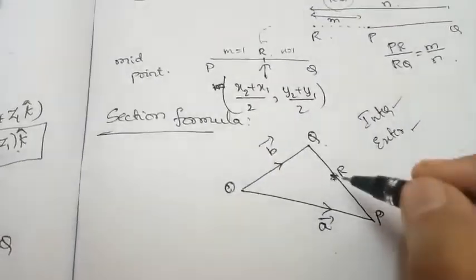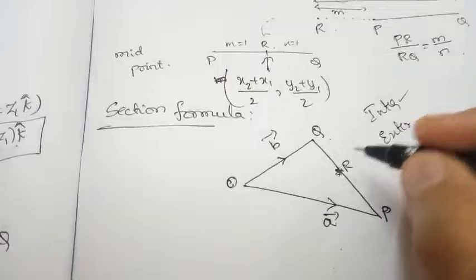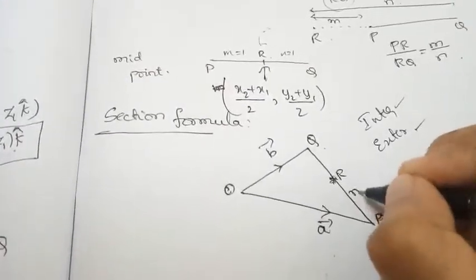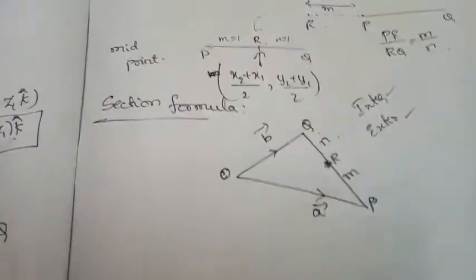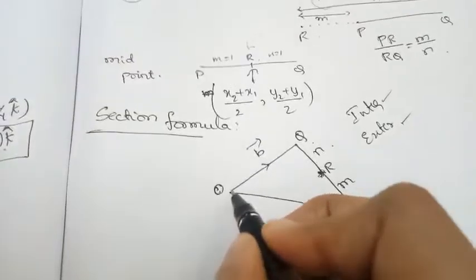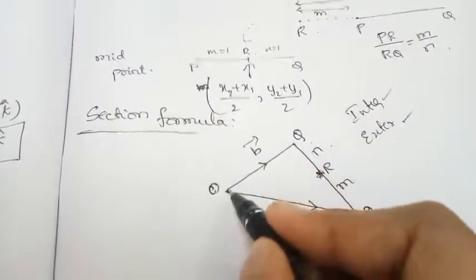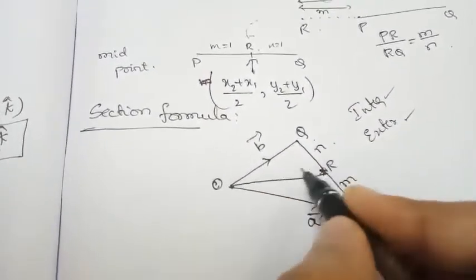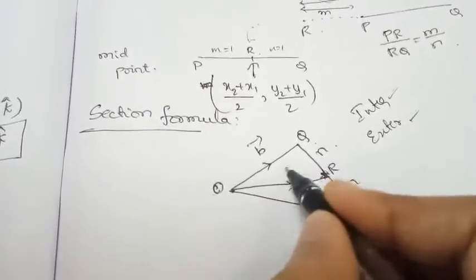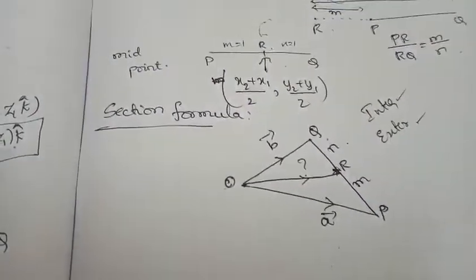So let us consider a point R which divides PQ internally in the ratio m is to n. Now what is our agenda here?